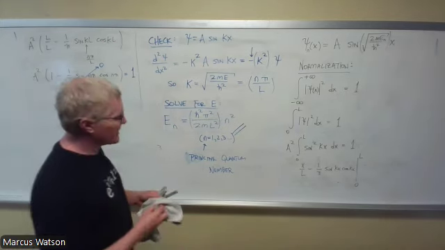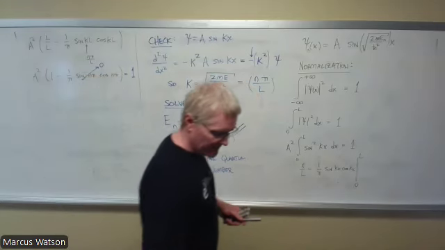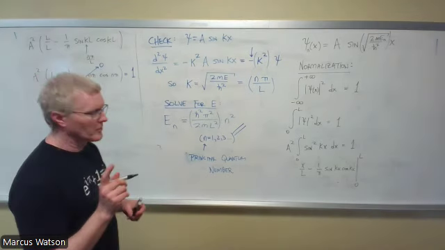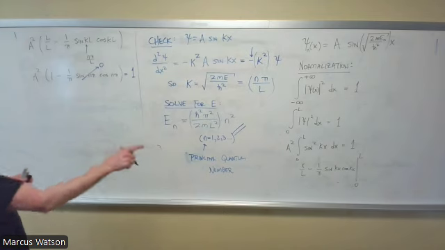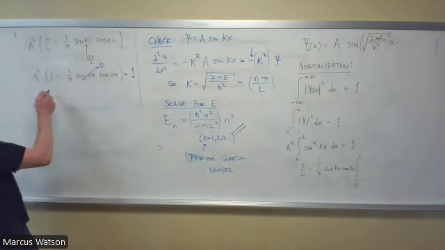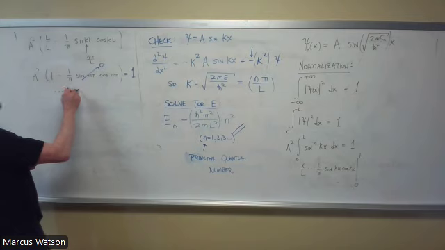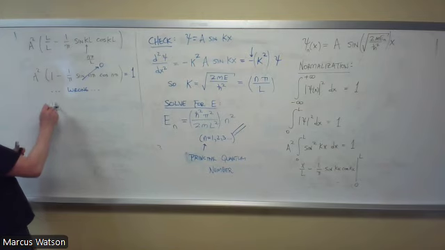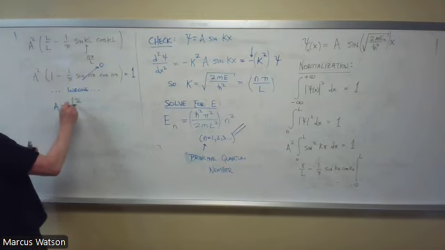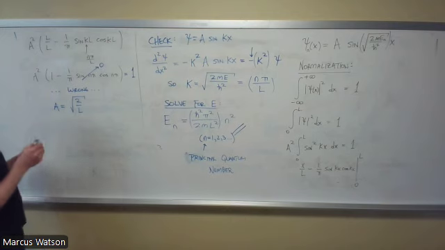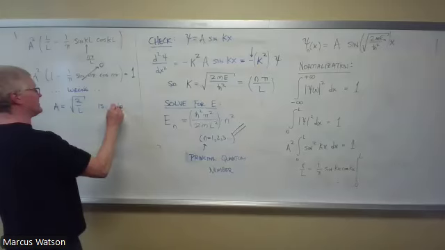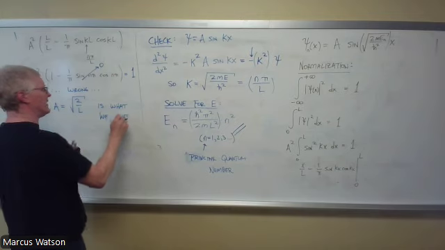Maybe it's just x and there isn't that x and the pi in there. Well, I'm just trying to guess a little bit of what this looks like. But nonetheless, I know for a fact that I messed something up, but I don't quite remember. I got that integral wrong, because I know that a is supposed to turn out to be the square root of 2 divided by L. That's what we want.